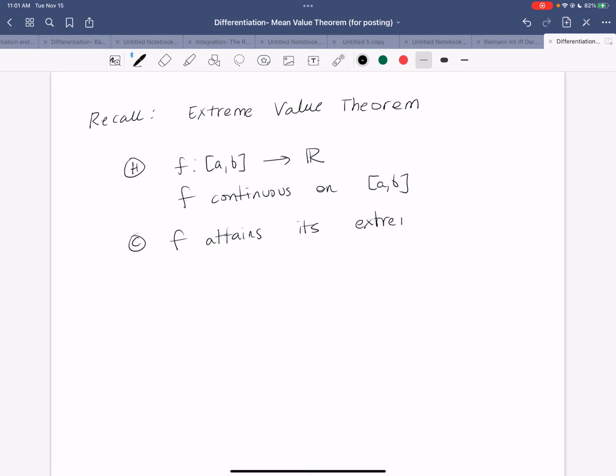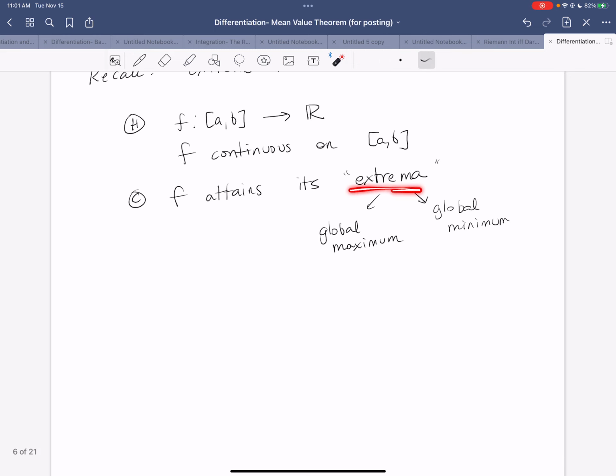Extrema meaning the global max and the global min. So in other words, why are these extreme? They're extreme because they're the highest and the lowest values that f attains.